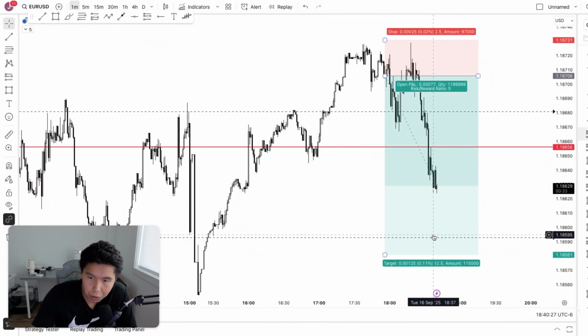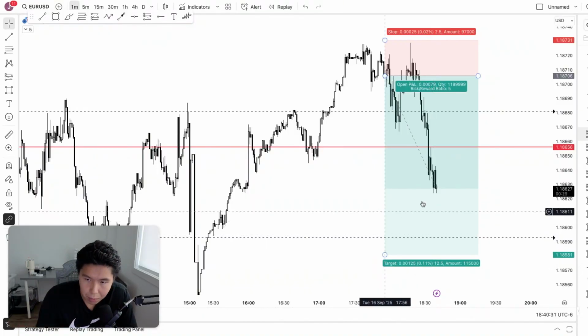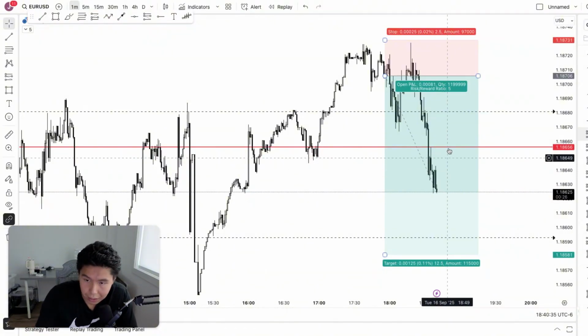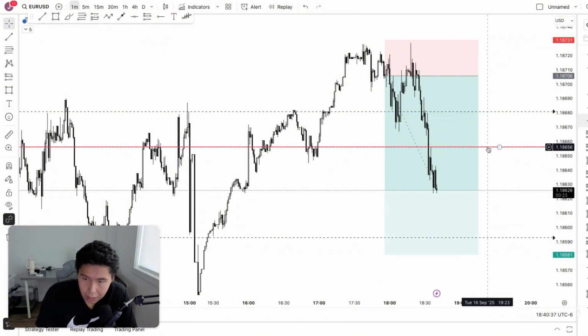So I'm slowly coming down with my trailing stop so that if we do get stopped out at one of these trailing stops, which would be this one, we would get 2 risk factors. So pretty much if we wanted to, we could take another trade. If we lose that, we're still up 1 risk factor, and then we can take another trade if we really want to, then we're break even.